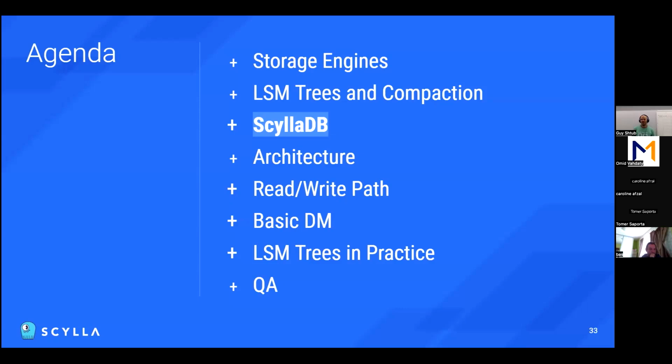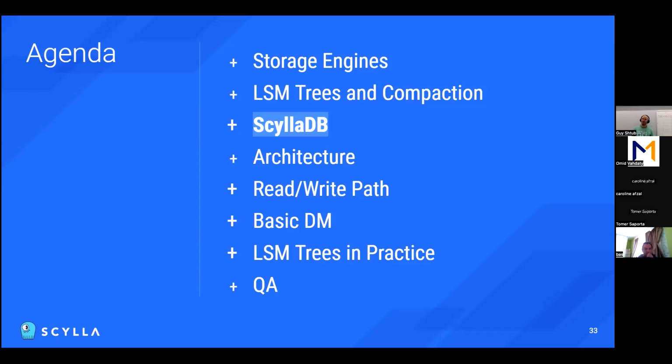Thank you. And now I want to show a real-world example of how that works in a database. So I'm going to talk about ScyllaDB, very briefly giving an intro to the database. And then I will talk about specific topics within that database. I'm going to be using ScyllaDB as an example, okay?